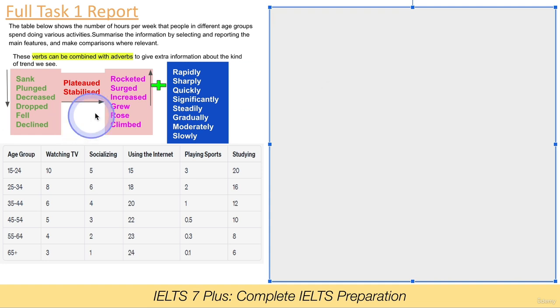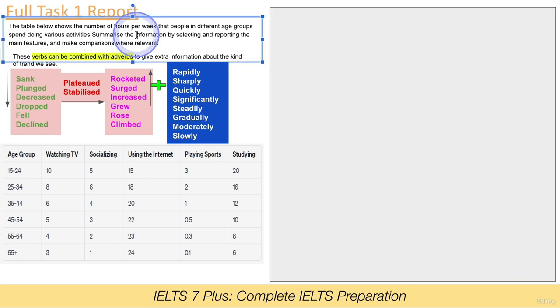So we've got some nice verbs here to help with decrease, stay the same, increase. And when we combine them with adverbs, they make for really nice sentences and strong ways to express ourselves here. Okay, so this will help. Of course, you won't have this in the exam, but you will have your notes and they'll be invaluable to you in the exam, your plan.